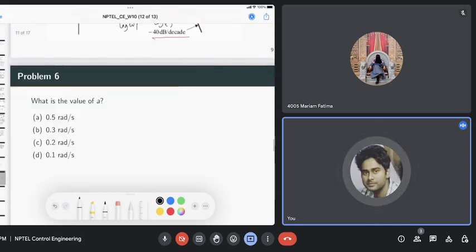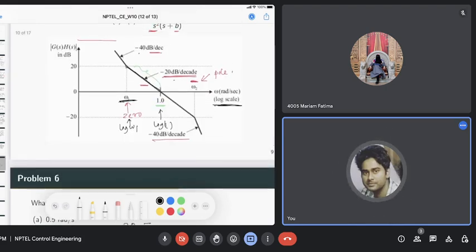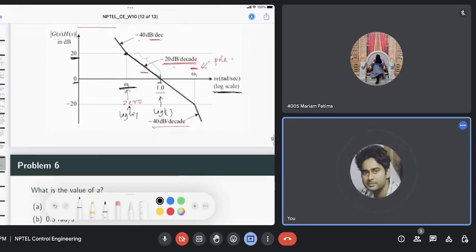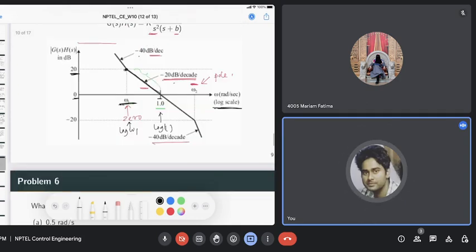So this slope is minus 20, and at this point the y value is 20, and at this point the y value will be 0, right? If you consider this straight line, let this be x and this be y, then y changes from 20 to 0, and x changes from log of omega 1 to log of 1, right, at this point.